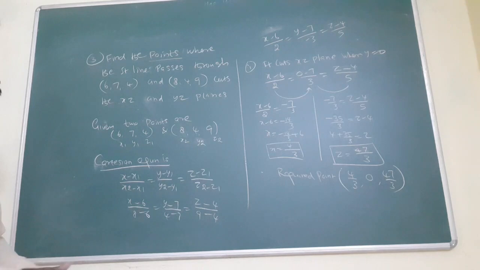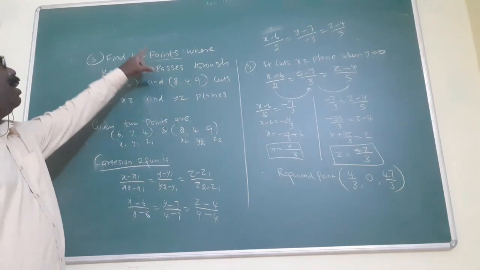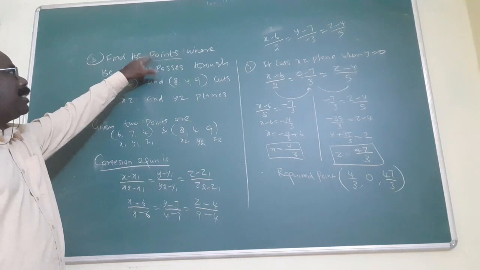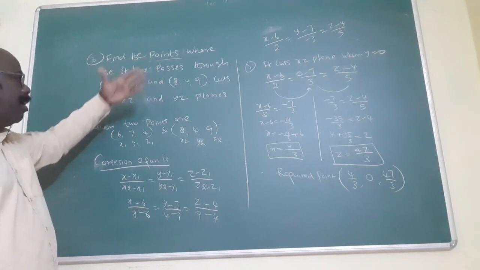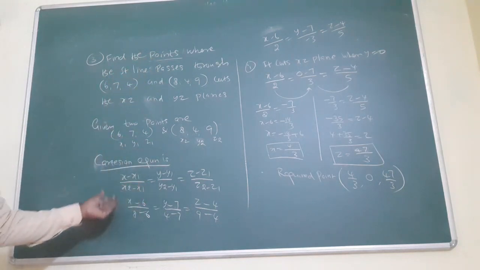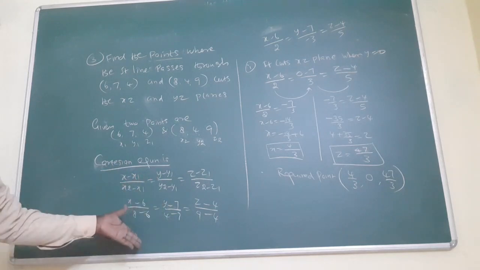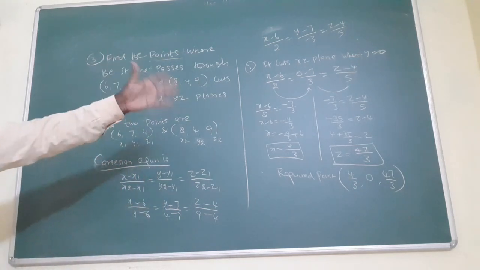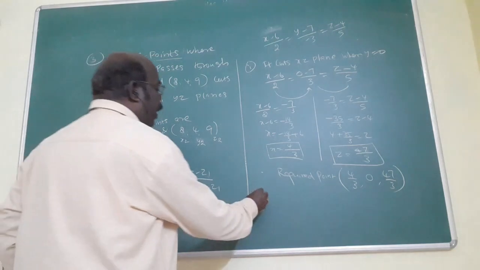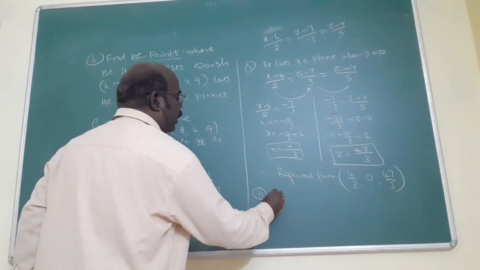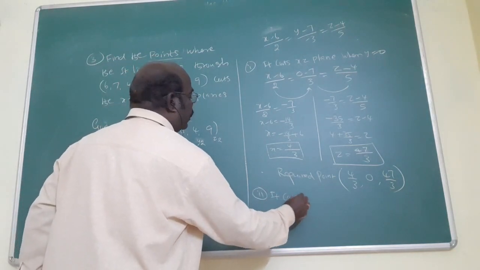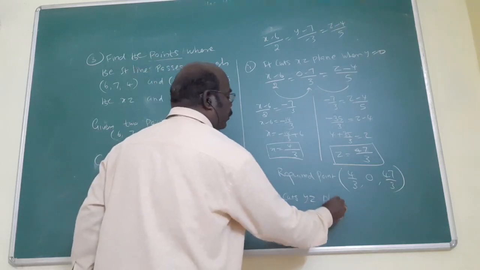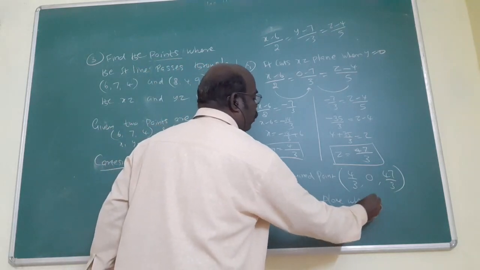Am I right? The same thing, it cuts the YZ plane when x equal to 0. The same concept. Here 2 points are given. Point asking x, y, z. That's why I am finding the Cartesian equation of the line passing through the 2 points. Next one: it cuts the YZ plane when x equal to 0.